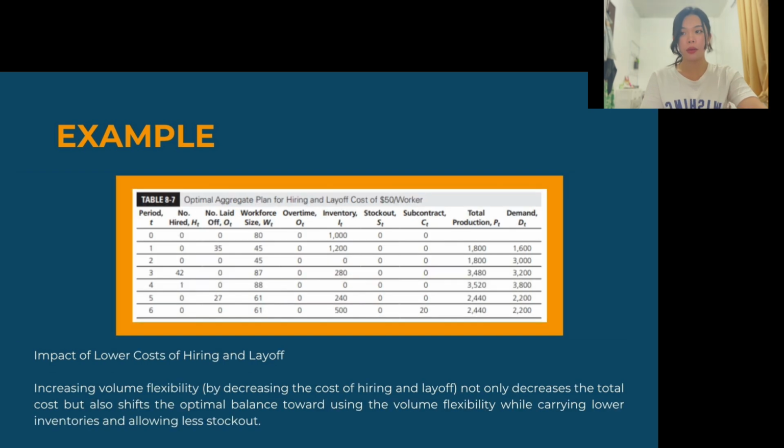In the next example, we can see the impact of lowering the cost of hiring and layoffs. Increasing volume flexibility by decreasing the cost of hiring and layoff not only decreases the total cost but also shifts the optimal balance toward using volume flexibility while carrying lower inventories and allowing fewer stockouts.